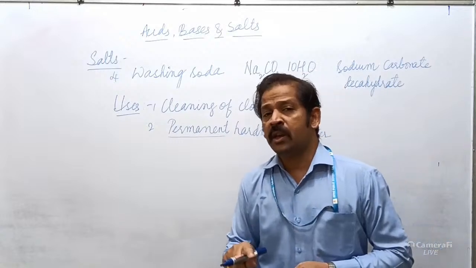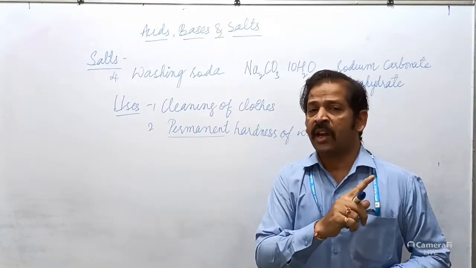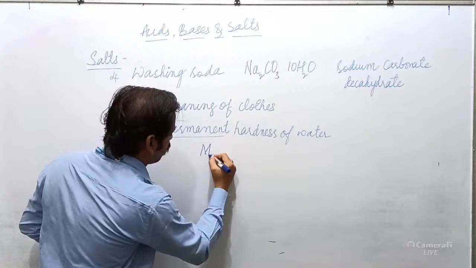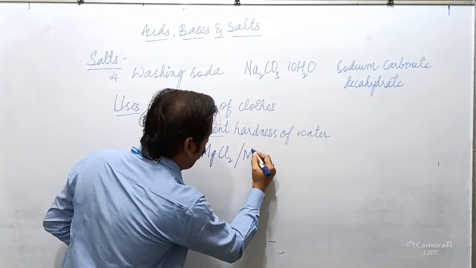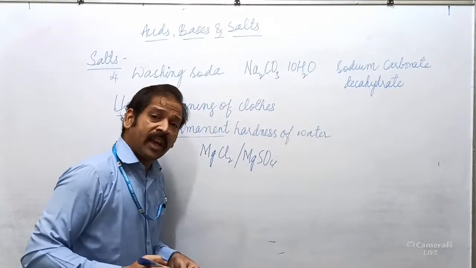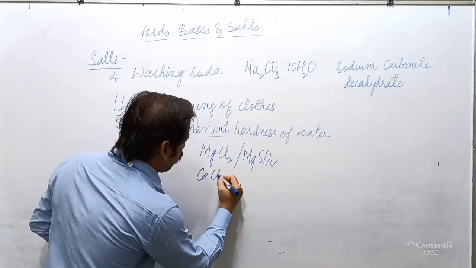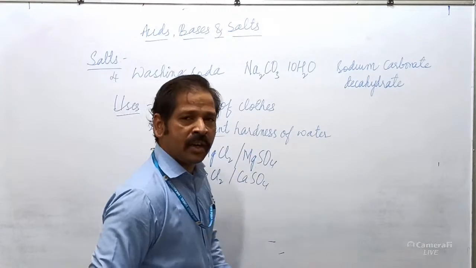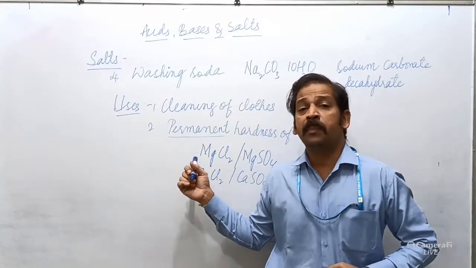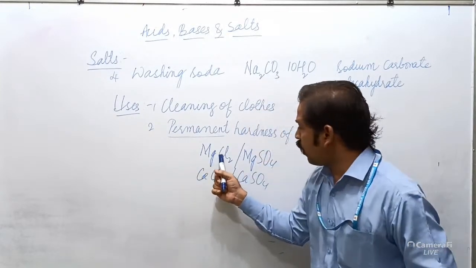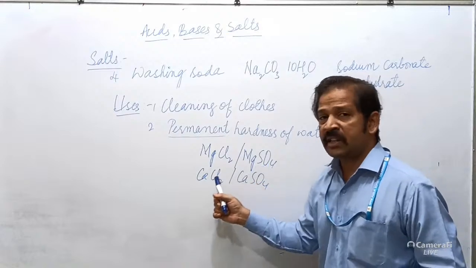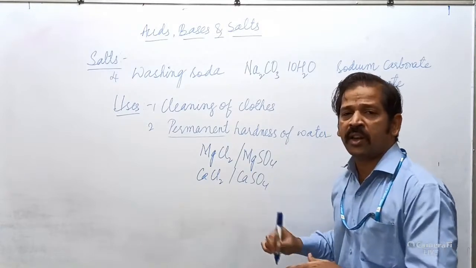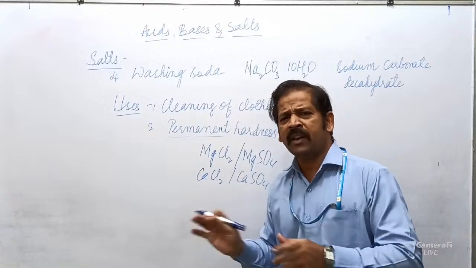But if the water contains magnesium chloride or magnesium sulfate, or calcium chloride or calcium sulfate, out of these four salts, if any one salt is present in the water, it is called permanently hard water.